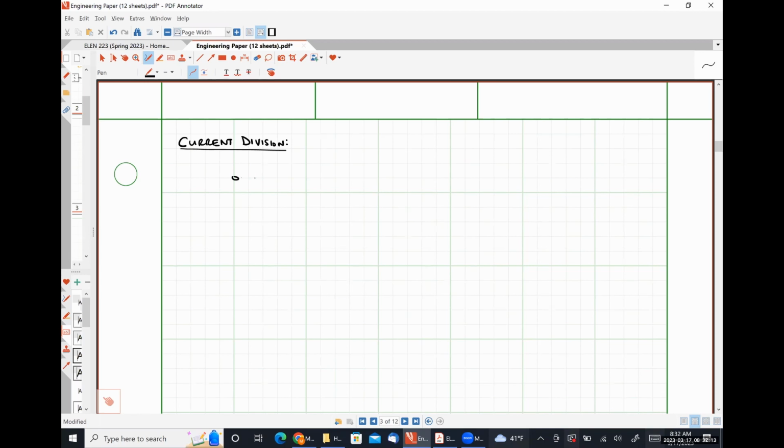So let's say that we have some resistance here, R1, some resistance here, R2, all the way out to some resistance here, R sub n. This parallel combination of resistances is part of some larger circuit. And let's say that we have some known amount of current flowing into this network.